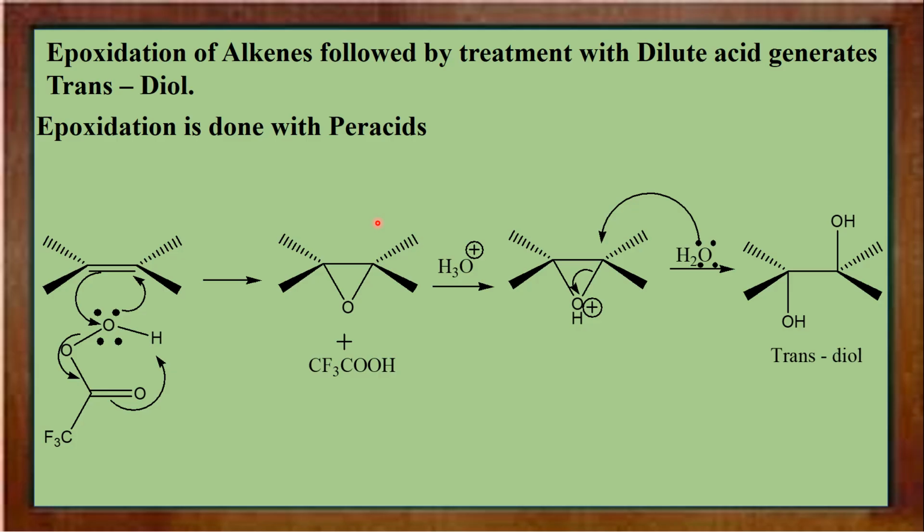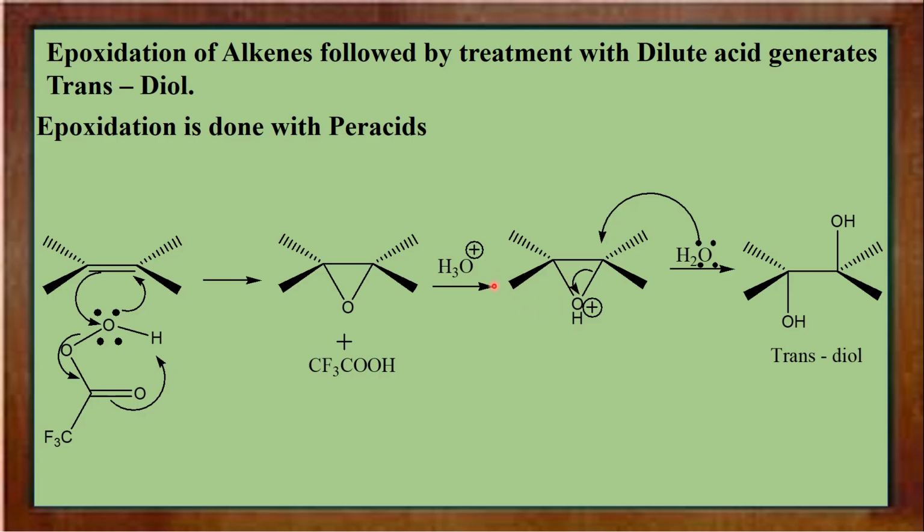And this oxirane, the epoxide, reacts with the dilute acid. So the dilute acid is nothing but hydronium ion. With water, the acid reacts, generating hydronium ion. And that hydronium ion protonates the oxygen of epoxide.